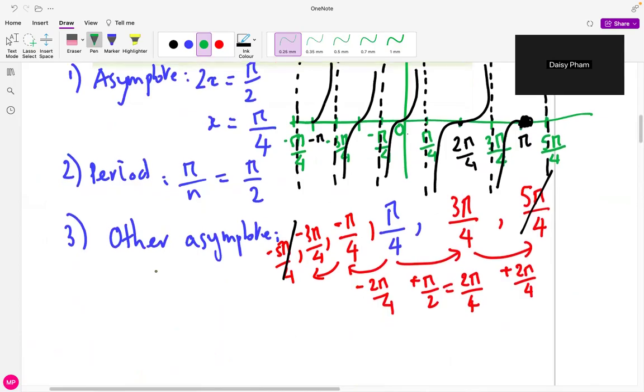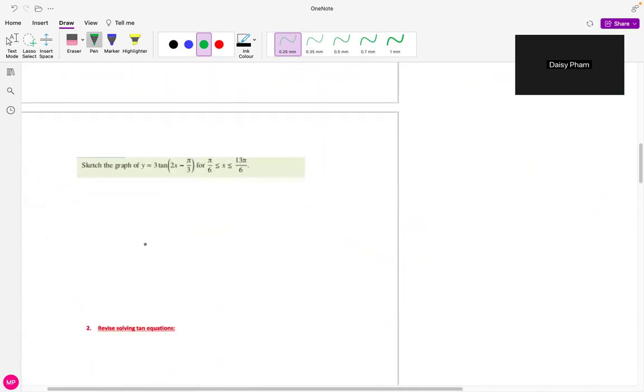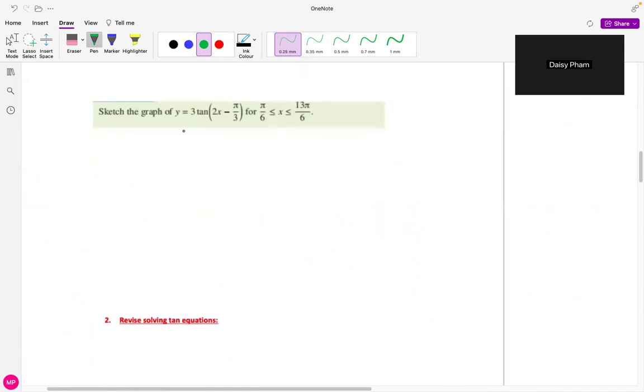All right. Now we're going to look at this one, which is a bit more challenging, sketching a tan graph, but this time we do have a horizontal translation. So our first step is we find the asymptote. And to get the asymptote, we do the same thing. We let whatever the equation inside of tan here equal π/2.